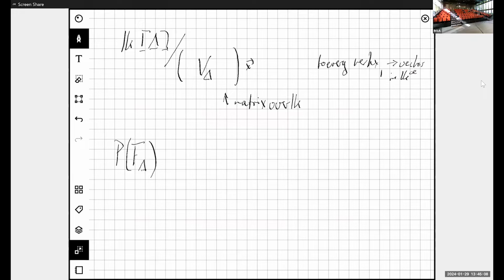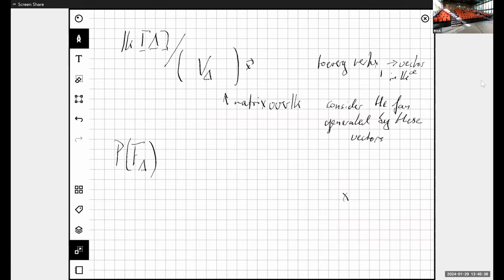Okay, and what I do is I consider the fan complex, or the cone complex, the fan generated by these vectors. What do I mean by that?